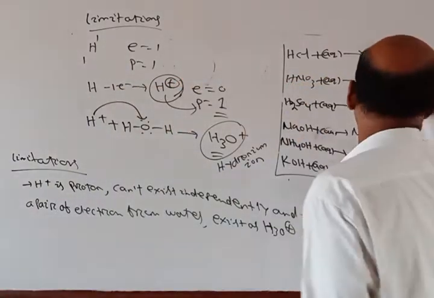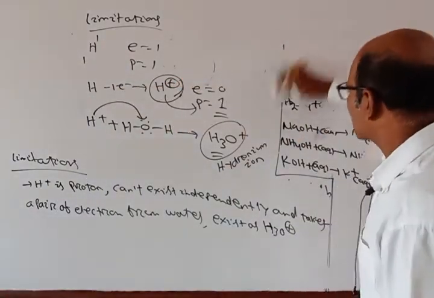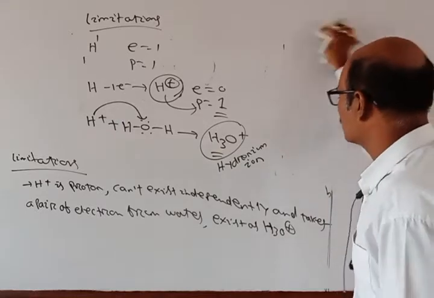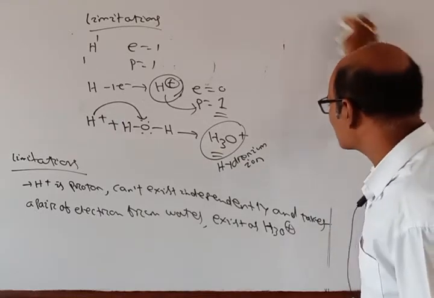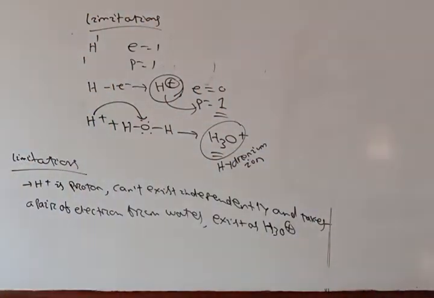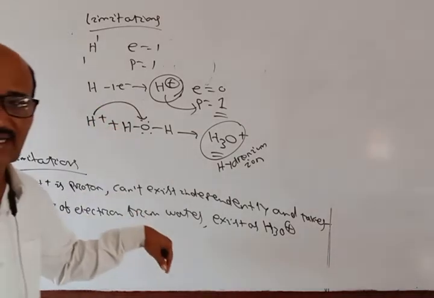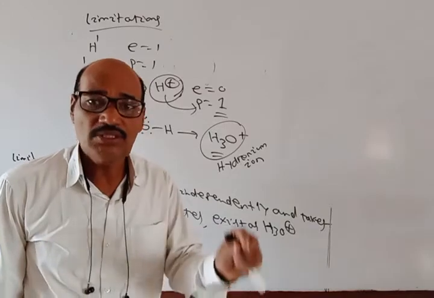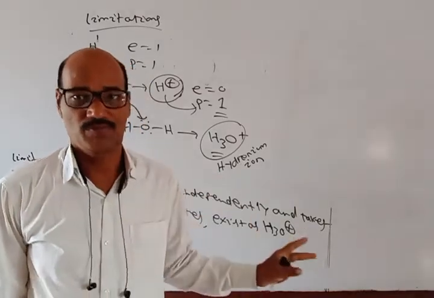Okay. And the second thing is what? In Arrhenius theory, acids are substances which can furnish H plus ion when dissolved in water. That means this concept is limited to aqueous medium only.